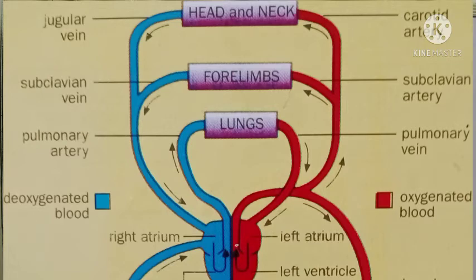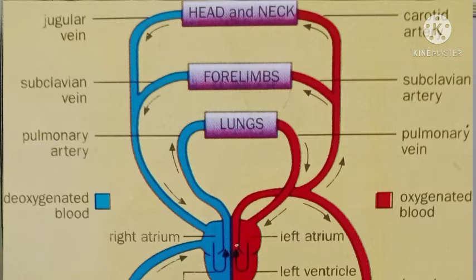Secondly, you can see the subclavian artery. This subclavian artery transports the blood to the forelimbs, meaning our hands and arms, and from the forelimbs the subclavian vein carries the blood back to the heart.